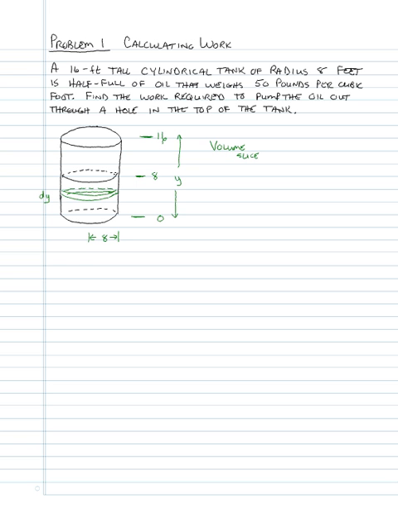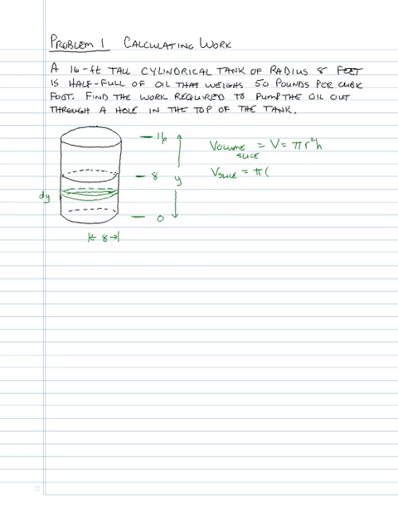Well, how do we calculate the volume of the cylinder? It's pi times radius squared times the height. In this case, the volume of that slice is pi times r squared.